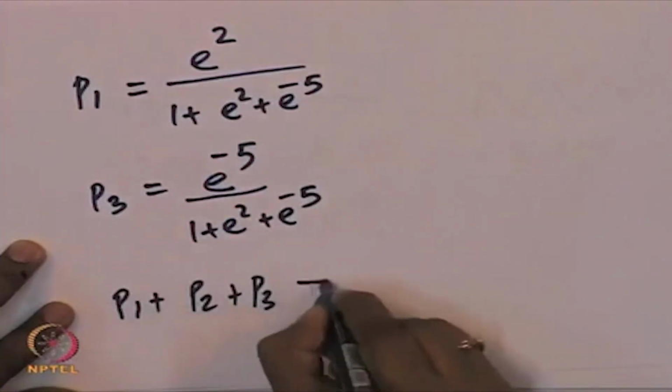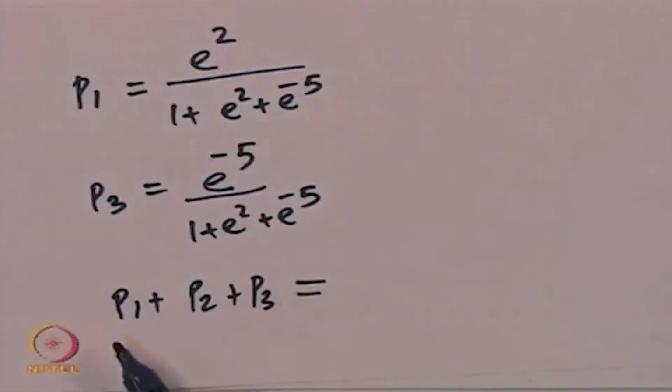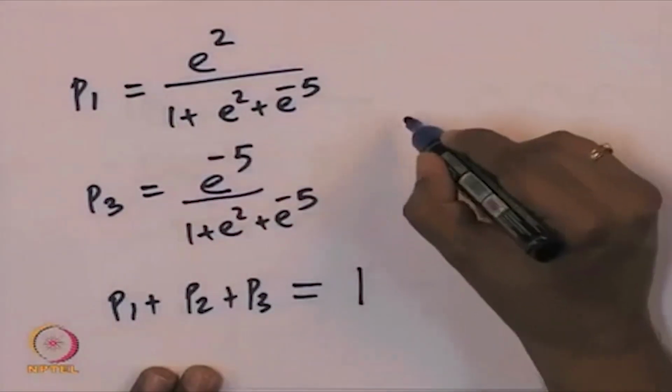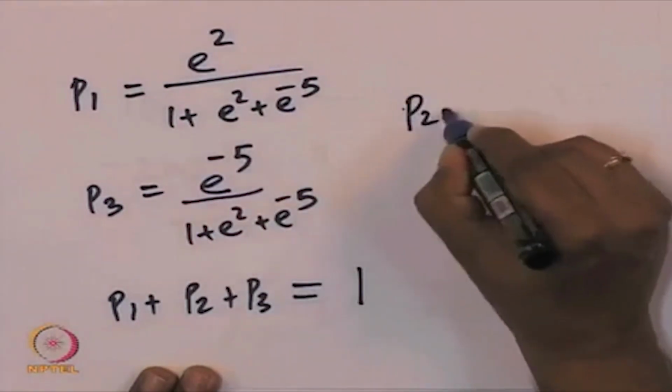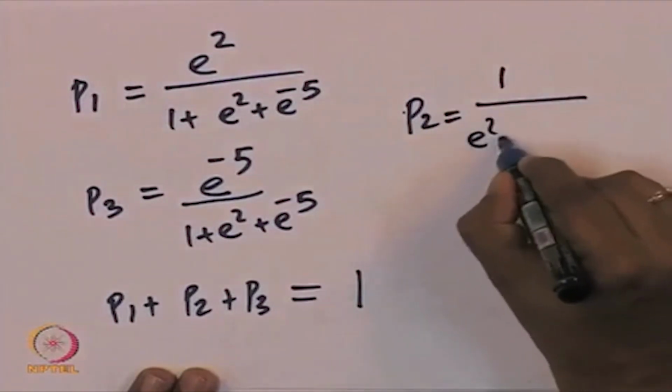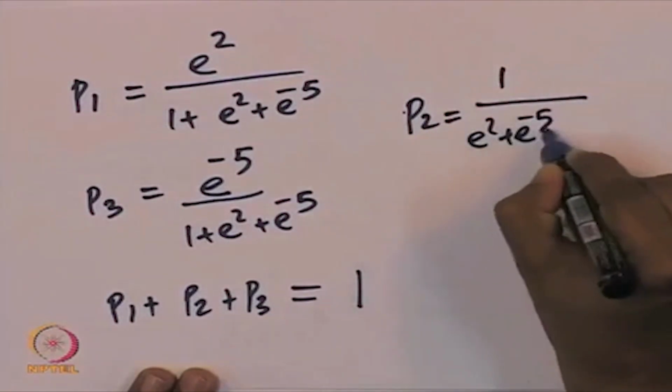plus P3, the total probability, this is the probability of finding the system in any of these 3 states. The total probability of finding is 1. We know P1, P2 and P3. P2 we wrote as e power 0, which is 1, so 1 by e power 2 plus e power minus 5 plus 1.